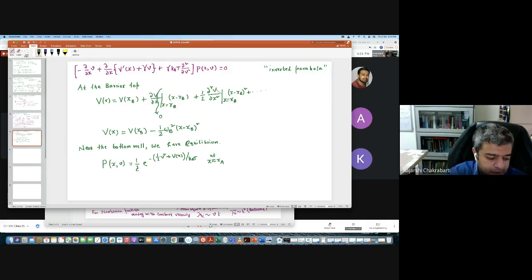Okay, is this fine? And also, we do the same thing at the bottom well. I write down the potential, just Taylor expand, I linearize the potential. So it will be like XA. The first term is going to be 0, but let me write it down.